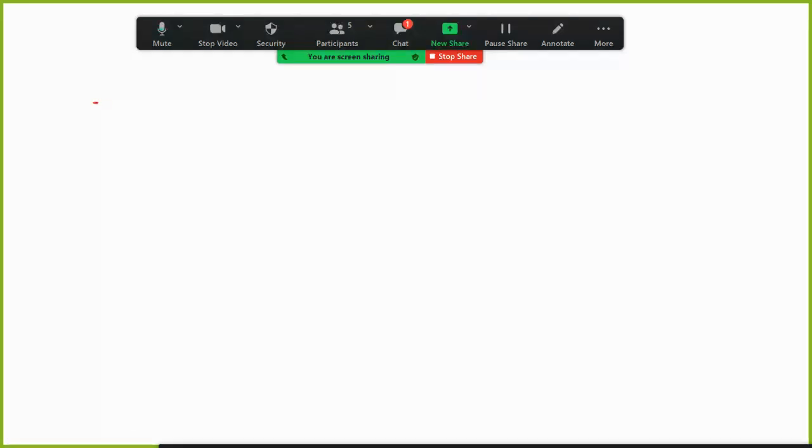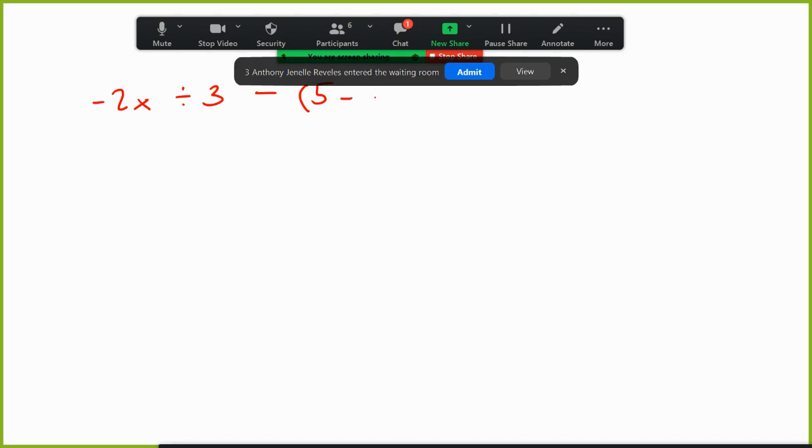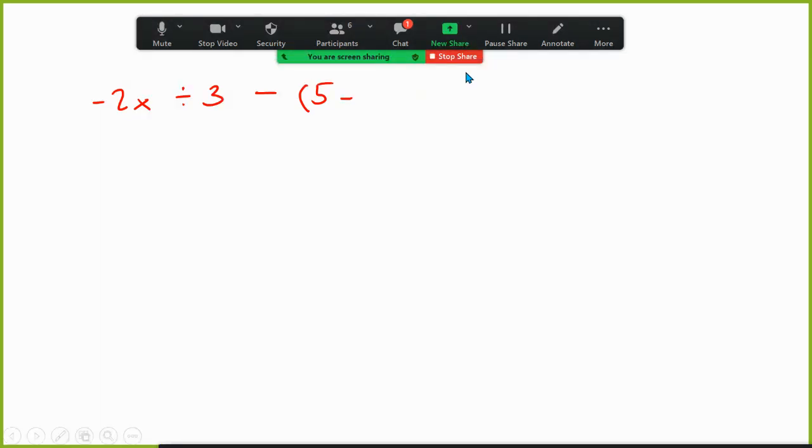Okay, so negative 2x divided by 3 minus 5 minus 6x. And then off to the side here, you had negative b minus 6. Maybe the issue is just that you used a b and not an x? Let's find out. I'm going to put that to the side. We'll look at that in a sec.